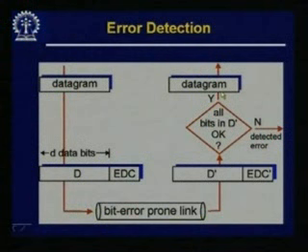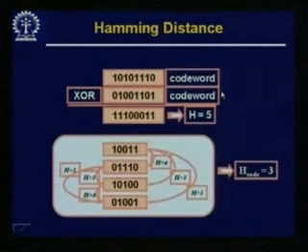Now, for this error detection and correction, one concept which is used is the so-called Hamming distance between two bit patterns. Okay, and then there are Hamming codes also. We will not go into the details of Hamming codes here, but let me just tell you what a Hamming distance is. Suppose you have two code words, like shown here. One code word is 10101110 and the other one is 01001101.